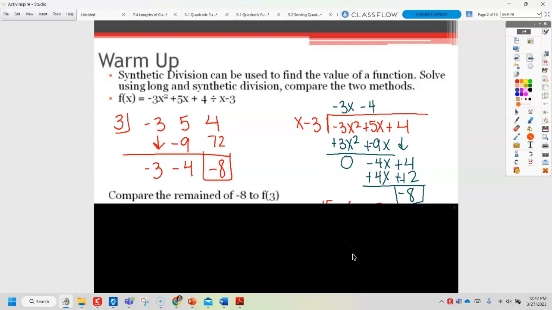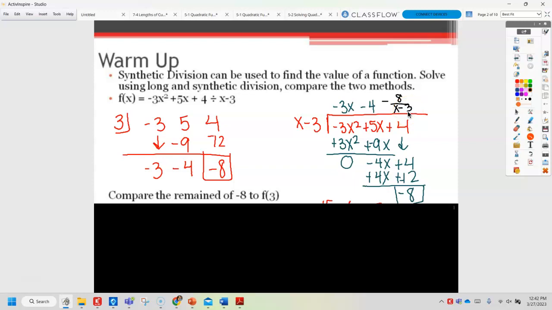So using both synthetic and long division, I see that each of these terms end up with a remainder of -8. So over here, I have -3x minus 4, and then my remainder would have given -8 over x minus 3. And here, using synthetic, again, same idea.